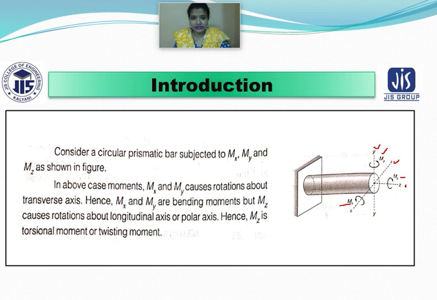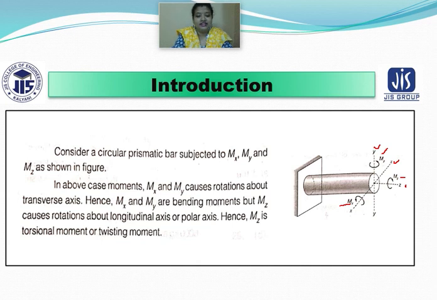Torsion is basically expressed in Pascal, and you can see the SI unit is Newton per square meter, or in pounds per square inch, which is PSI. While torque is expressed in Newton meter or foot pound force in some cases.